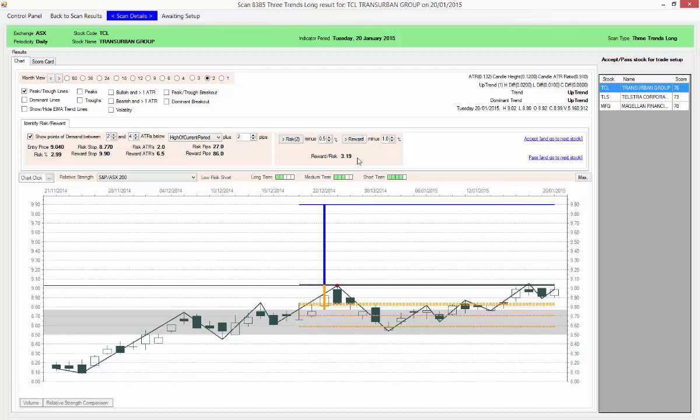If you want, you can also change the distance that you can hide behind that point of demand. By default, it's 0.5% below that point of demand, and I can change that to 1%, 1.5% or 2%.